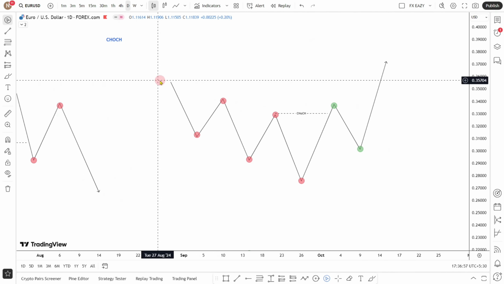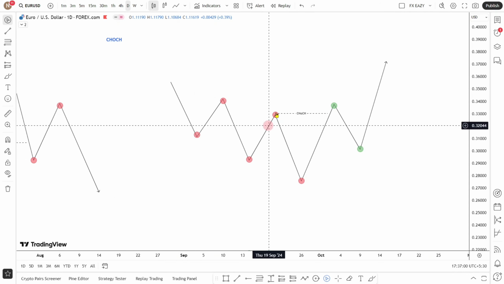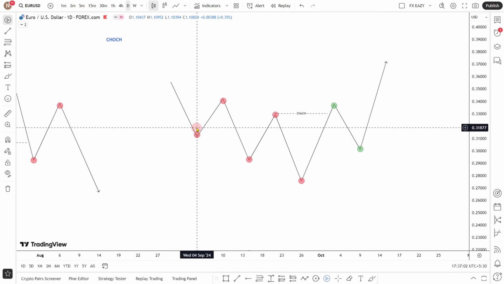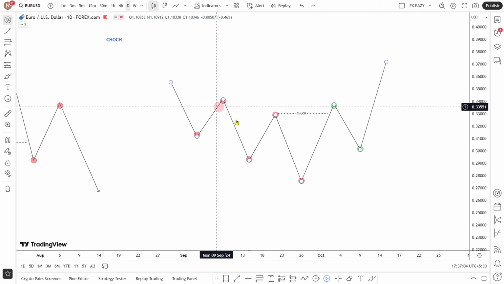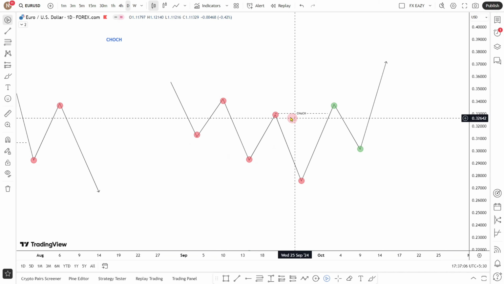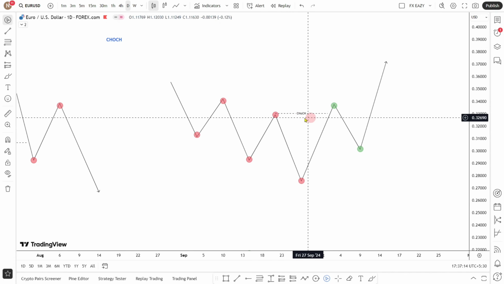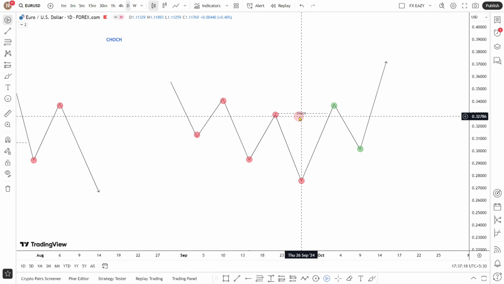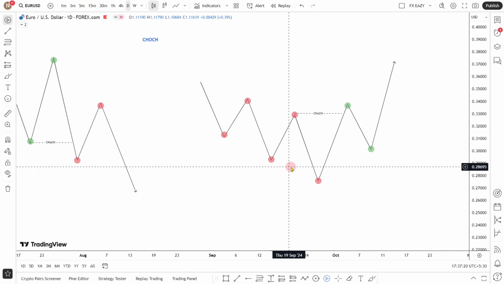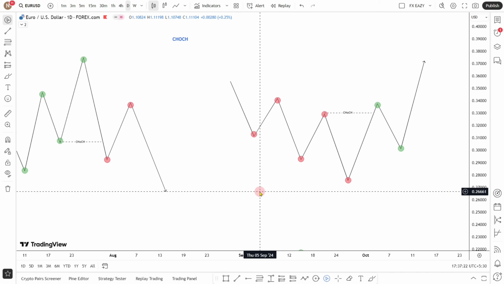See how the trend changes in a bearish trend: here is your lower low, here is your lower high, lower low, lower high, lower low, and when the market closes above your recent lower high, then your CHoCH point would be confirmed. The candle closing criteria applies here also.